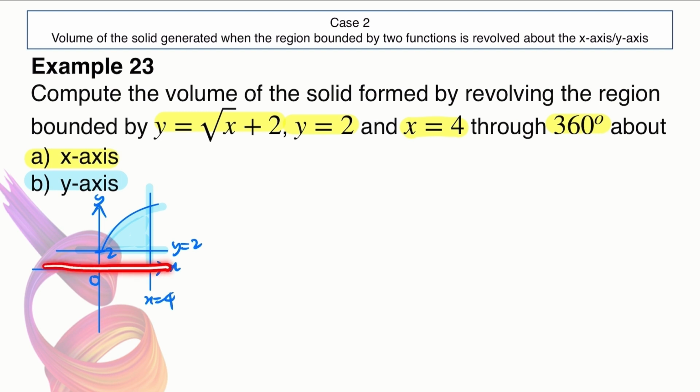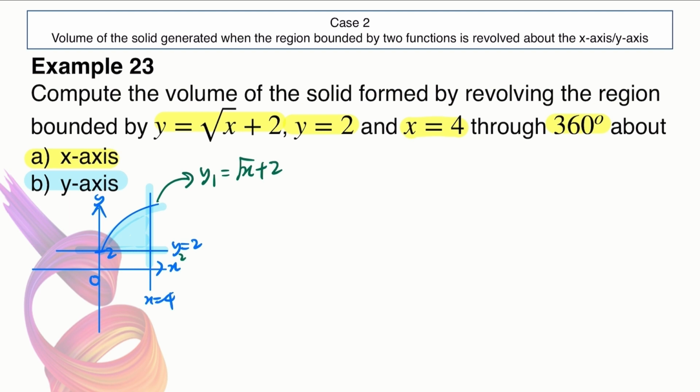So the further is this one, and the nearer is this one. So we label this first: this is your y1, which is square root x plus 2, and this one is your y2.